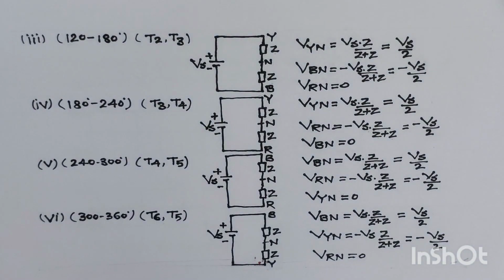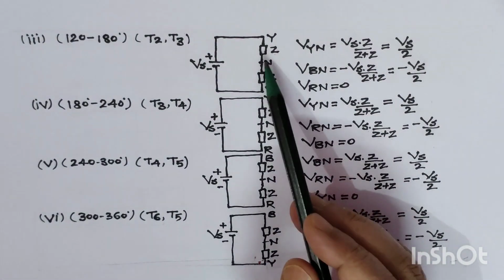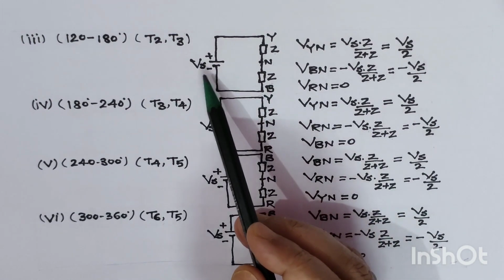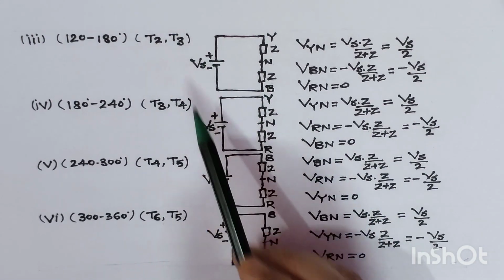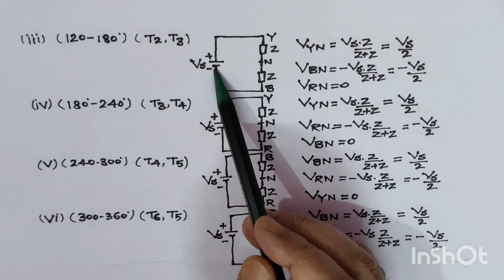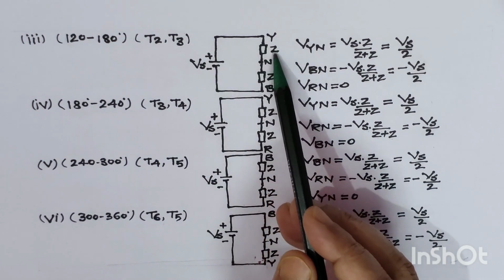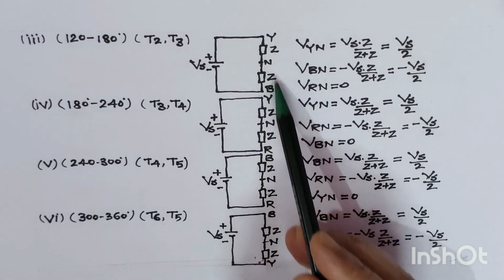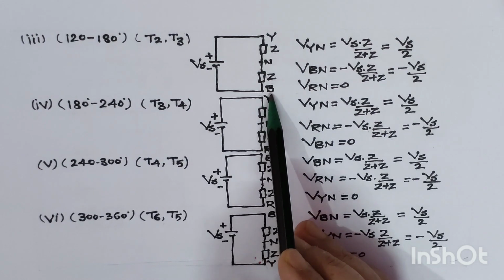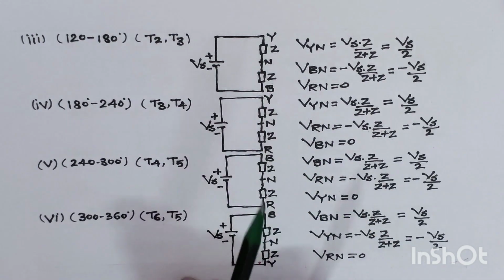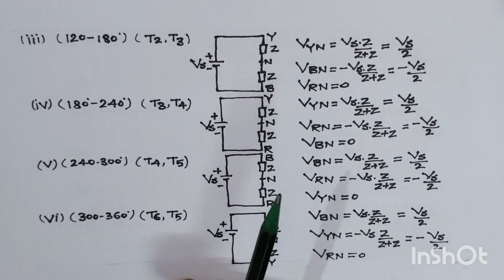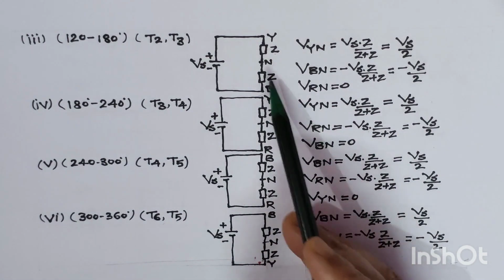Between the Y phase and B phase we have drawn the circuit where thyristors T2 and T3 are conducting. This is the supply voltage, this is the Y phase, impedance Z and neutral, then again impedance Z and B phase. So we have to find out the voltages VYN and VBN here.